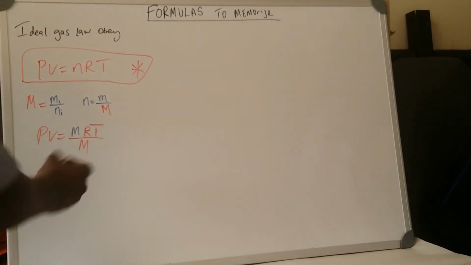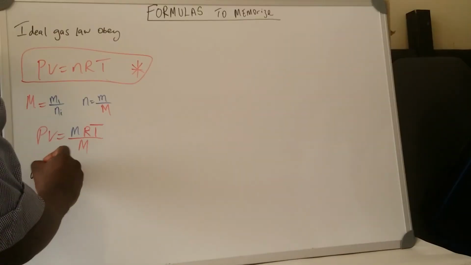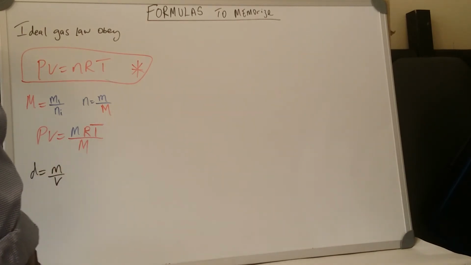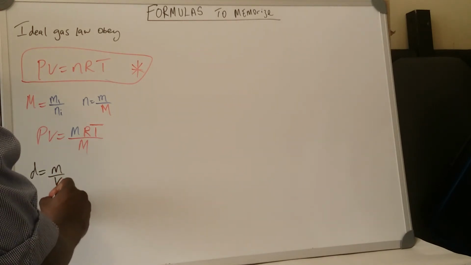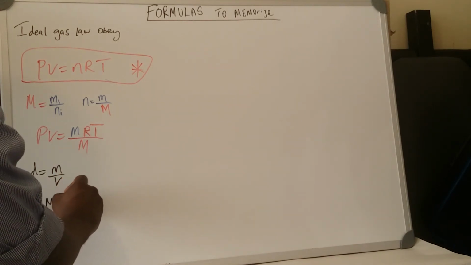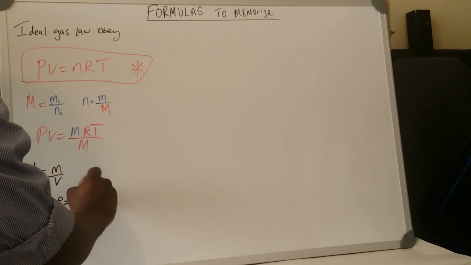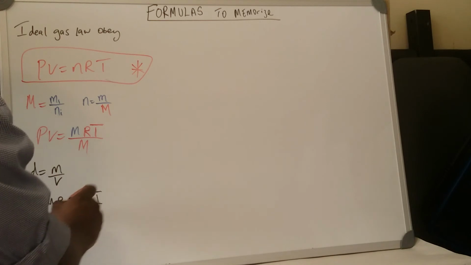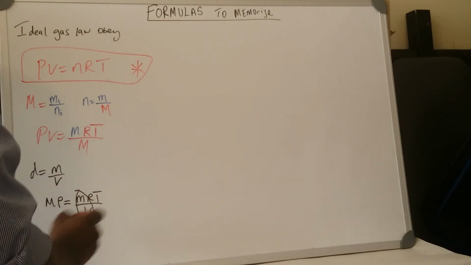So yeah, since density equals mass over volume, right? So we can manipulate this as MP equals m over V. m over V is density.